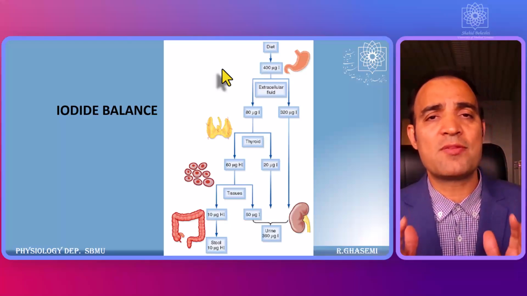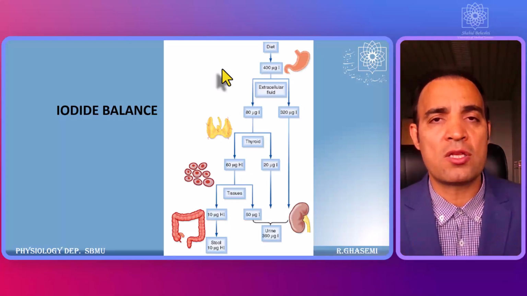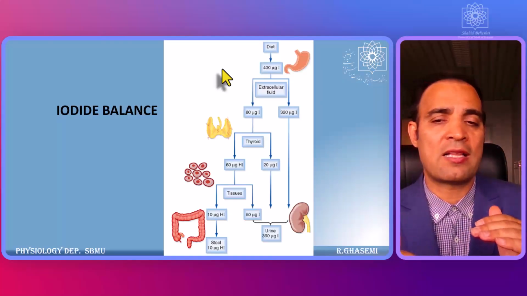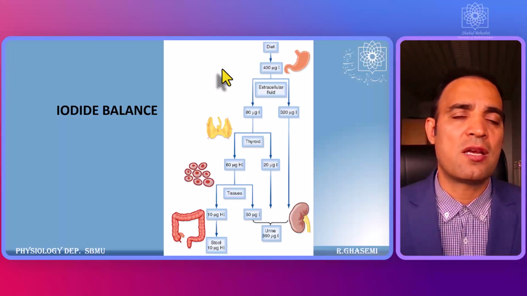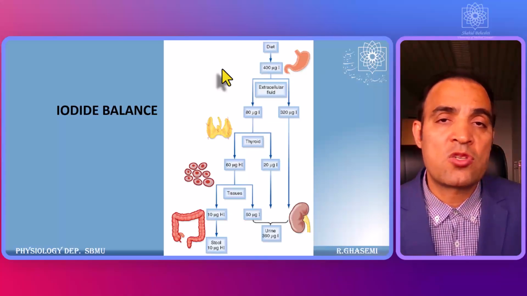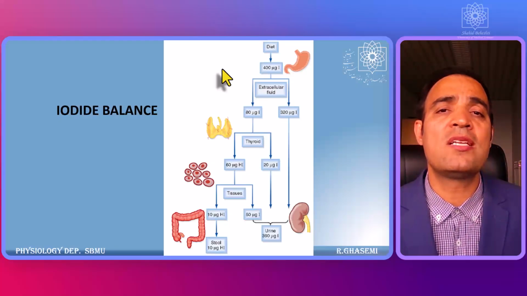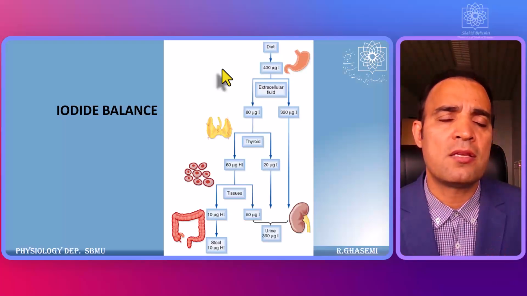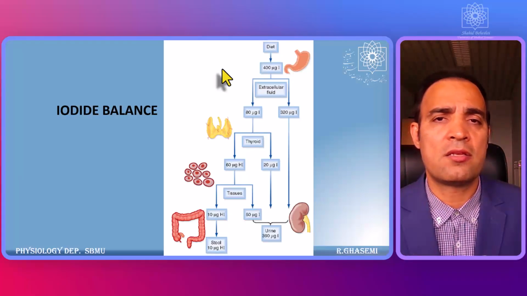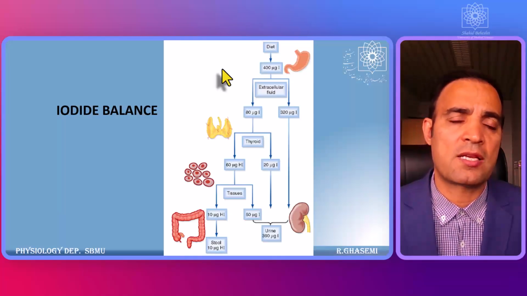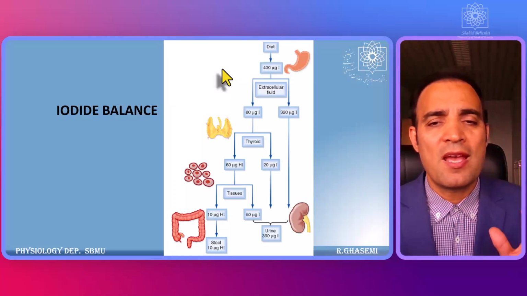In some situations we need more iodide, this balance may change and less iodide is excreted in the urine and the stool. And in situations where the iodide intake is increasing, then the amount of excretion will also increase.